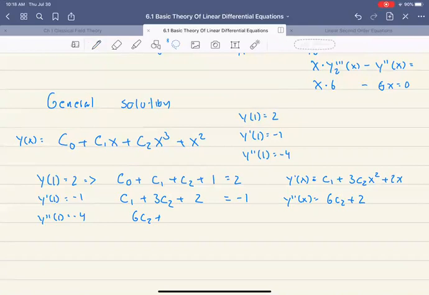I made a mistake. It doesn't affect my problem, but let's put an x there. Sorry about that. 6C2 plus 2 equals negative 4.